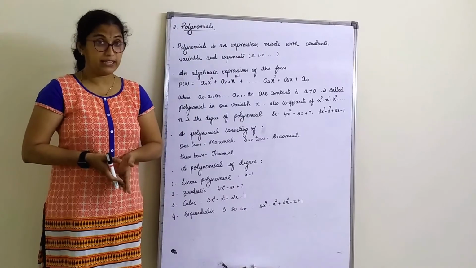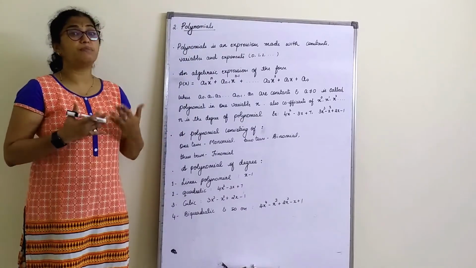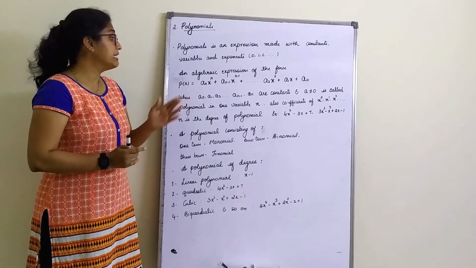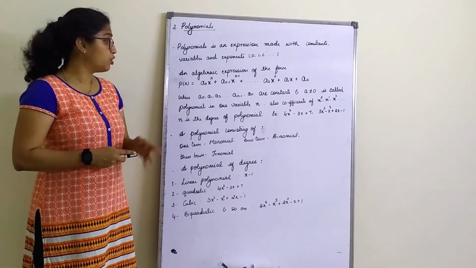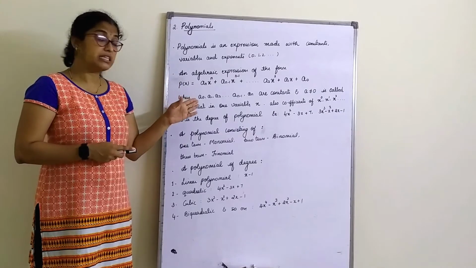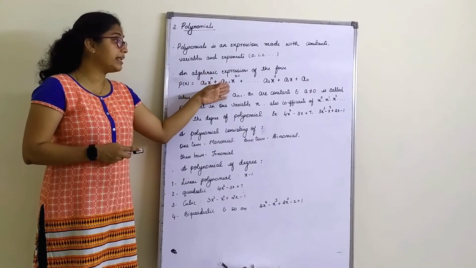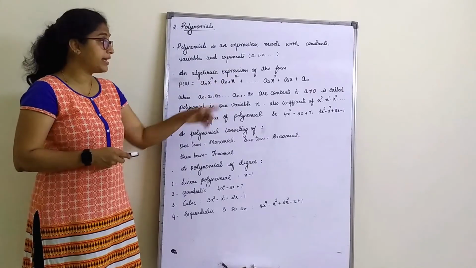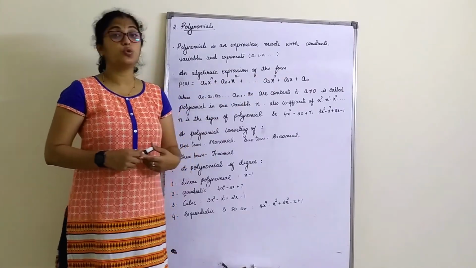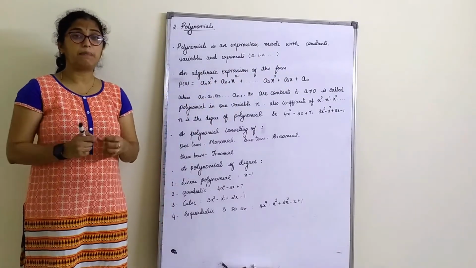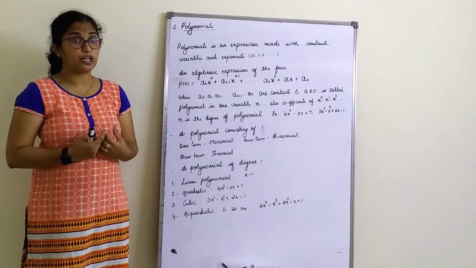of the given variable, wherein fractions will not come as exponents. Definition of a polynomial according to your book, if you have to follow that, it is an algebraic expression of the form p(x) = a_n x^n + a_(n-1) x^(n-1) + ... + a_0. So this is a typical definition of a polynomial.